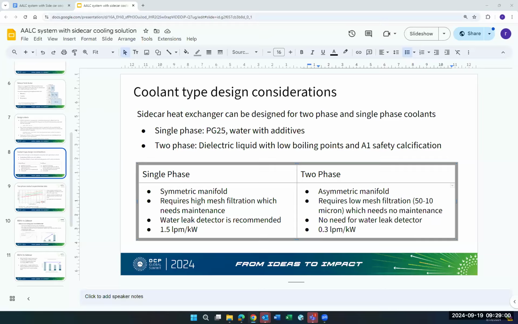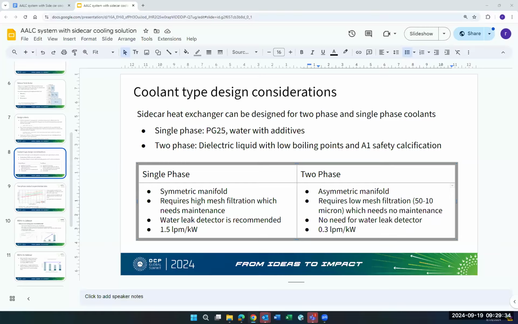Also, I think this is from the customer point of view. The difference between single phase and two phase is that the pump consumption is less with two phase because you have to push less flow rate than water. I think the main difference for this document would be the size of the pumps, because the RDU takes part of the area of the condenser, or the radiator, sorry.